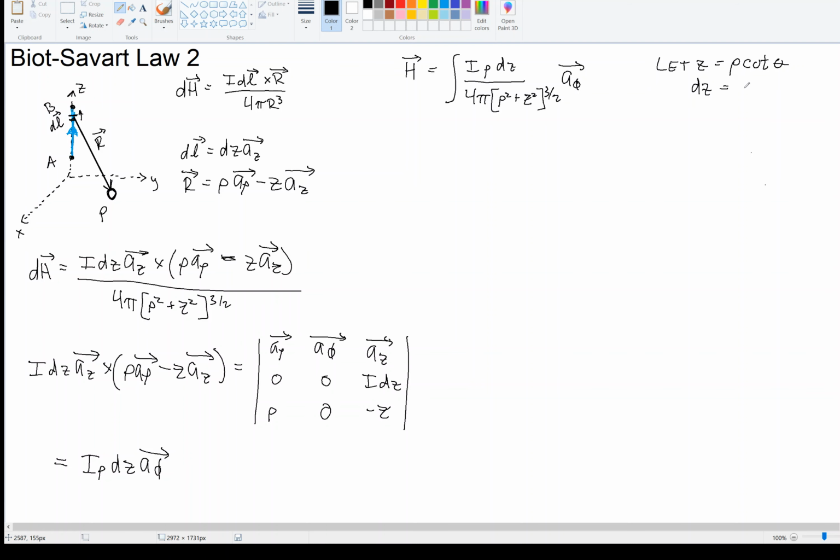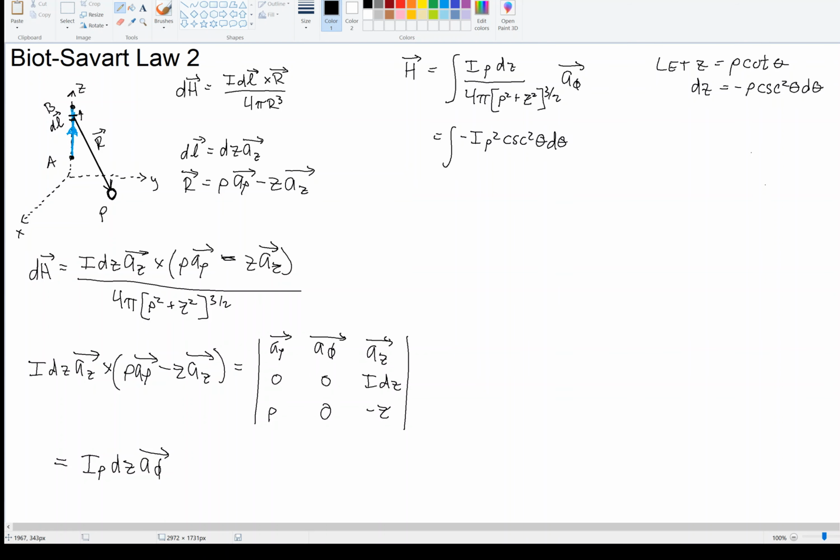So we're doing a trigonometric substitution here. When I take the derivative, dz would be negative rho cosecant squared theta d theta. The reason I do that is because when I make that substitution, I'll have something like this: negative I rho squared cosecant squared theta d theta.